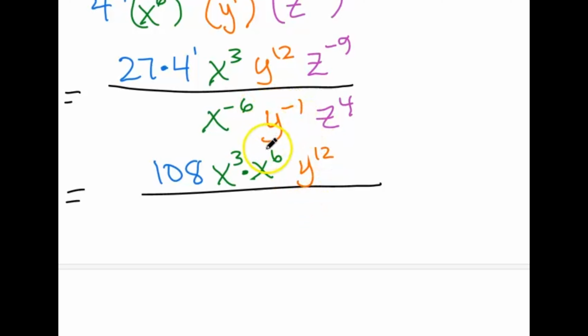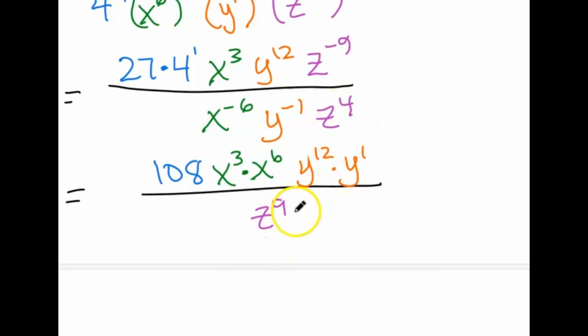Y to the negative 1 in the denominator is going to flip upstairs. And now our z's, that z to the negative 9, right, does not want to be up there. It's going to flip downstairs, so we're going to have z to the positive 9, and then z to the 4th was happy where it was at, so we'll leave it there.